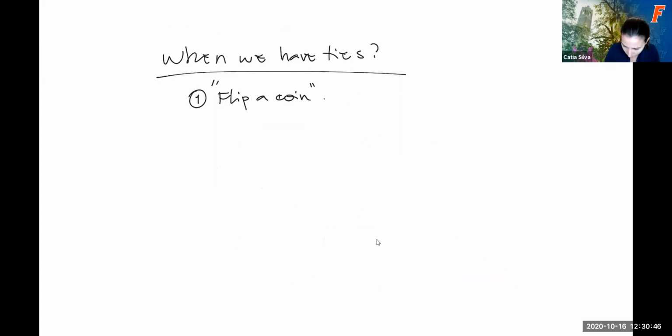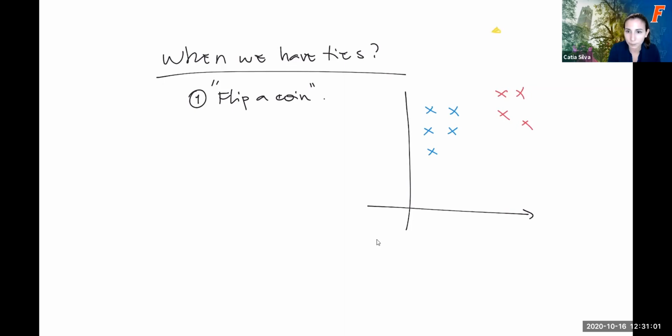Because, for example, suppose that we have the data like that and data like this, and we have a data sample that's maybe somewhere around here. And we're trying to find the data samples.